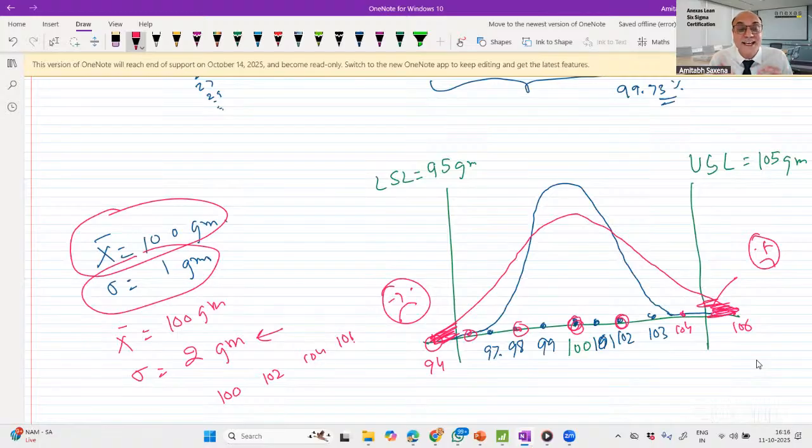Reducing the variation increases your quality and reduces defects. If you remember, in the red case the control limits are outside the specification limits, and in the blue case the control limits are within the specification limits.